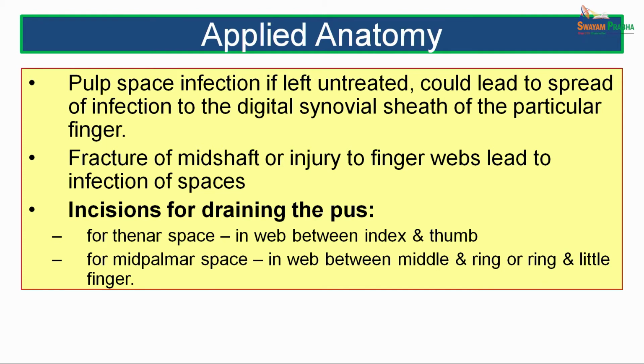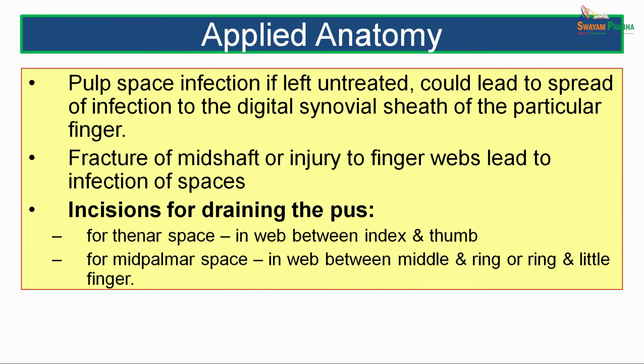Fracture of the mid shaft or injury to the finger webs could lead to infection of the spaces. Infections of these spaces would be drained by taking incisions as follows. For the thenar space, the incision is taken in the web space between the index finger and the thumb, and that is how the pus is drained.